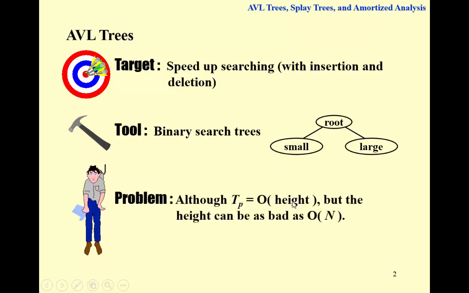However, the problem is that although the time complexity of all the operations will be proportional to the height of the tree, the height can be very bad, as bad as a linear list, right? So for example, if we insert those keys in increasing order, what's going to happen?